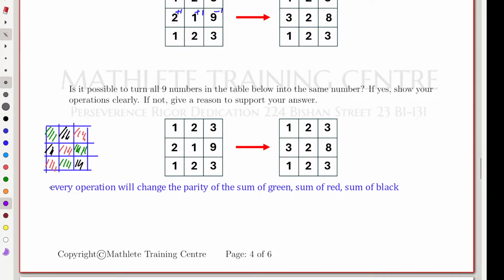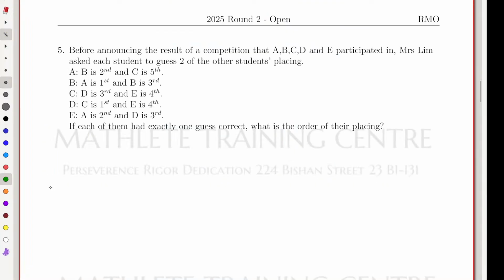Let's say you're looking at the one in green color. The one in green color is here, here, and here. By doing this operation to 9 minus 1 from 9, you have changed the green color by minus 1. So if it's previously even, it'll be now odd. If it's previously odd, it'll be now even. Okay, so that will be the case here.